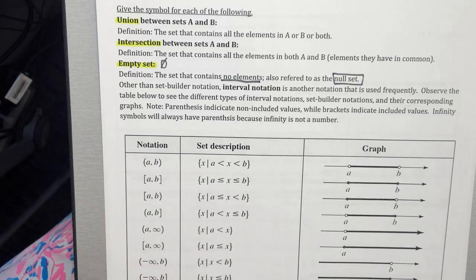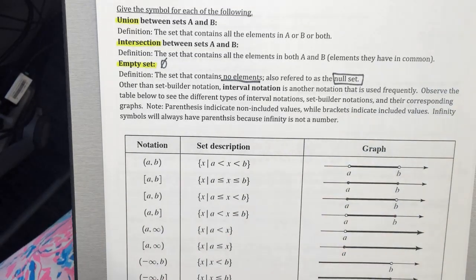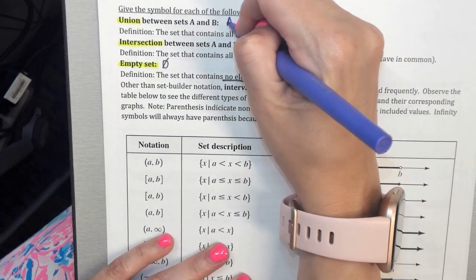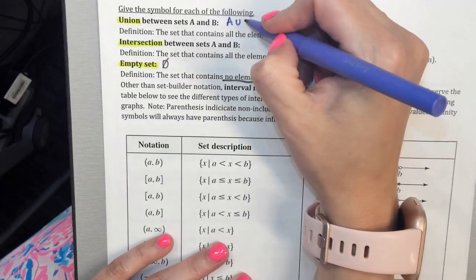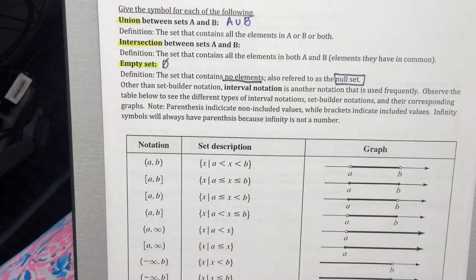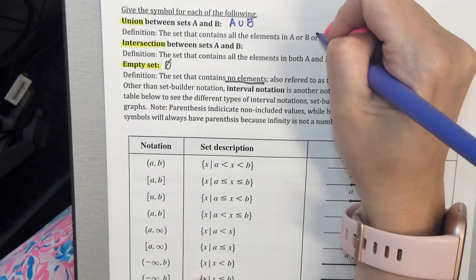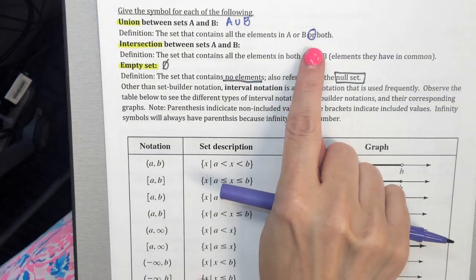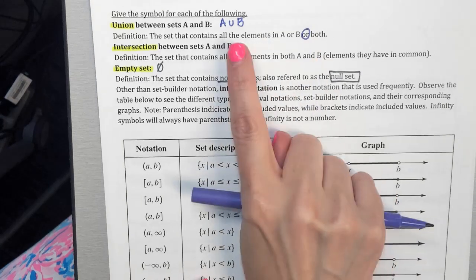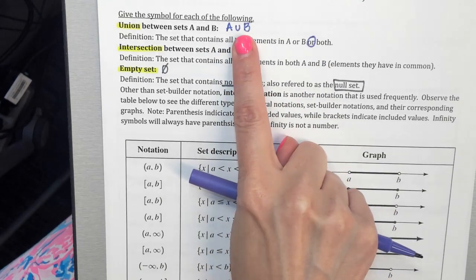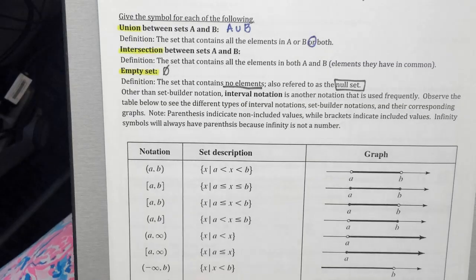The union is going to be a U. So it's A union B, and this is the set that contains all of the elements in A or B or both. I always just circle the or. It's everything in A and everything in B. It includes both of those.